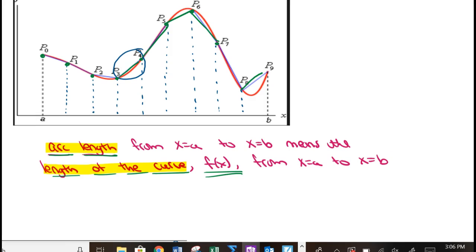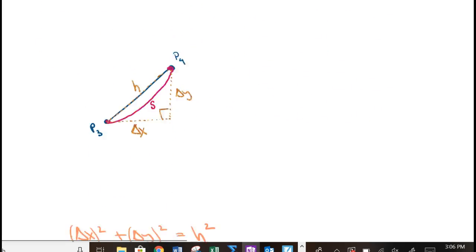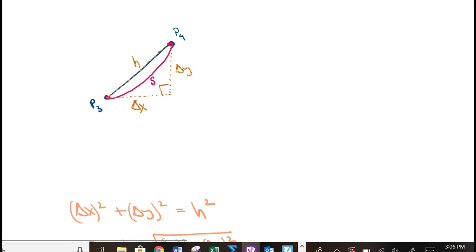But you can imagine that as the number of subintervals increases, these rectangular subintervals squeeze together, these segment points squeeze together, and what you probably see here is that as delta x gets smaller and smaller, as delta x approaches 0, h, the hypotenuse, approaches the actual length of the arc s.